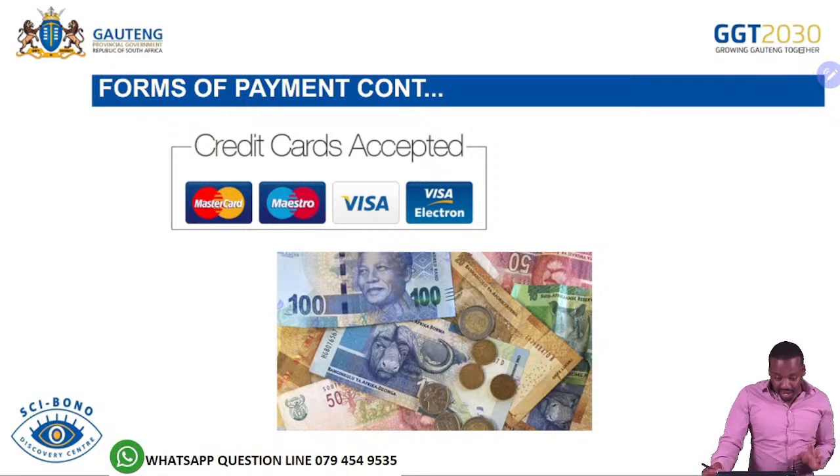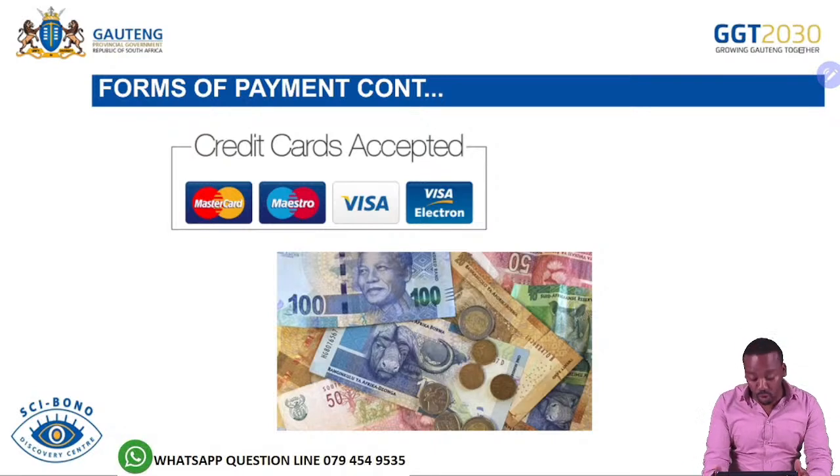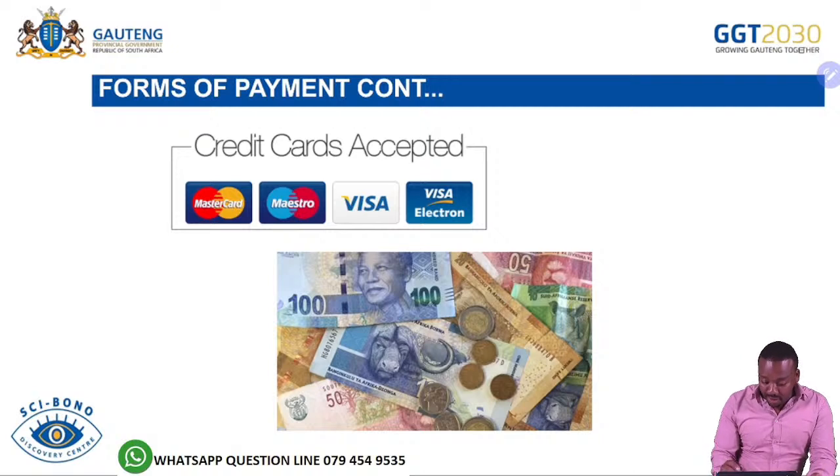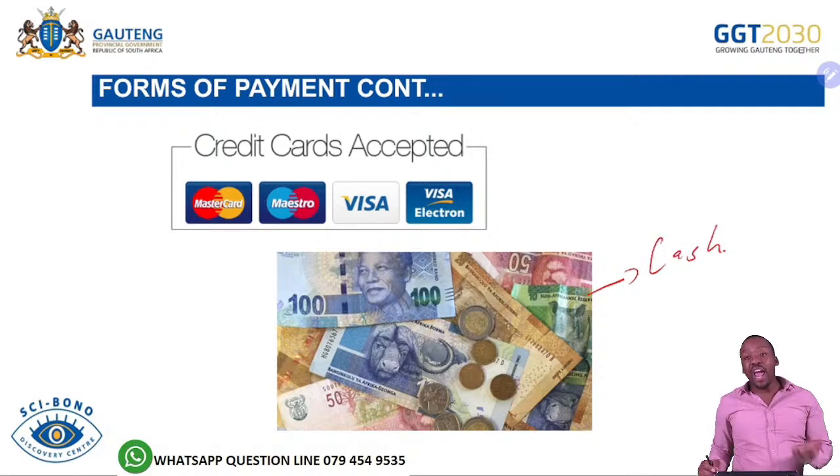Then the third slide, again, we are still talking about what? Forms of payment. When you look at this one, obviously this will be for foreigners when they come here, because remember, when you are traveling, you need local currency. So people from outside, they need what? South African rand. So this is going to be another form of payment. And then this one, obviously, it will be what? Cash.